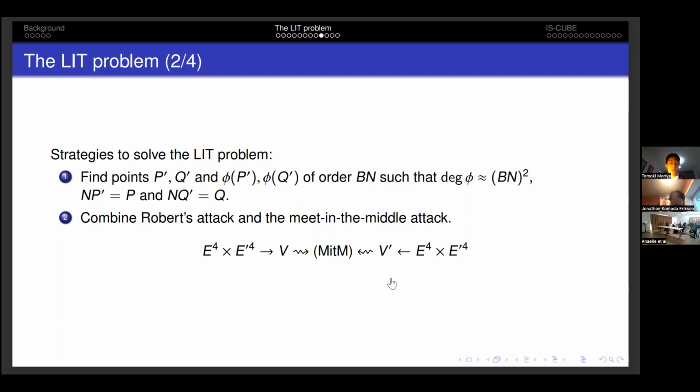In the case of the attack for solving the CSSI problem, the polarities V and V' are the same, so we can recover the isogeny between E4 times E'4 and E4 times E'4. But in this case, V and V' are not the same. So to connect these polarities, we use the meet in the middle attack here. Then we can find the whole isogeny between them, and by using this isogeny, we can recover the hidden isogeny. This is the second approach to solve the LIT problem.